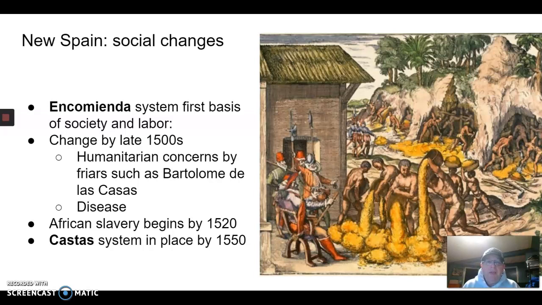People of mixed race, slaves at the bottom. But it's a very strict system, no economic, no social mobility in New Spain. So this isn't exactly come to the New World and make your fortune and move up or anything like that. You got to be a Spaniard to really be ahead.